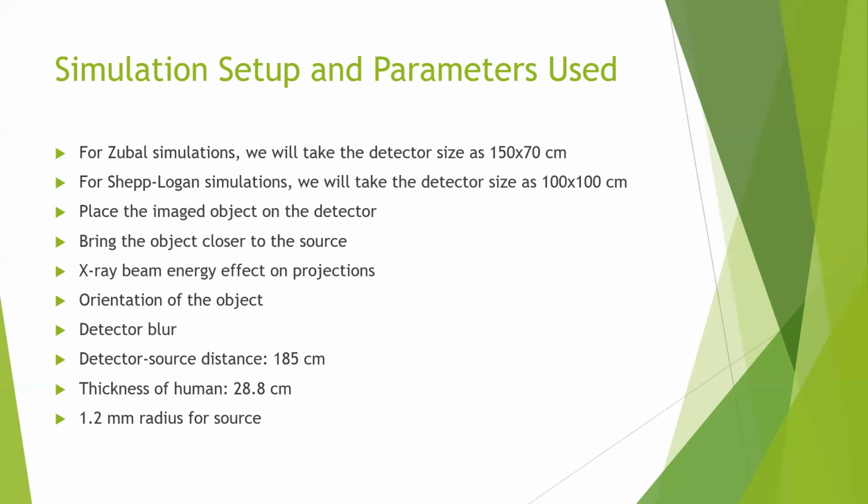We'll also look at the effect of detector blur on the projections. And the parameters that we used are detector source distance, 185 centimeters, thickness of human, 28.8 centimeters, as measured from Zubal phantom, and 1.2 millimeter radius for the extended source.